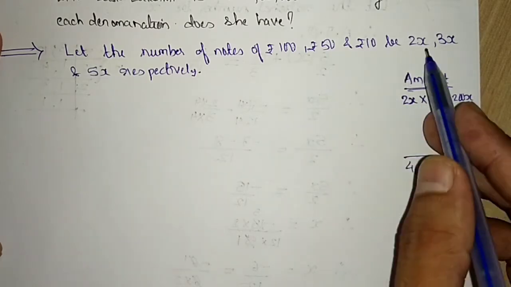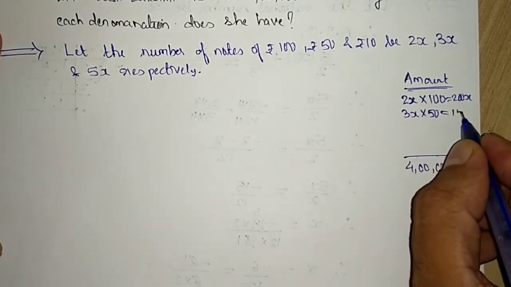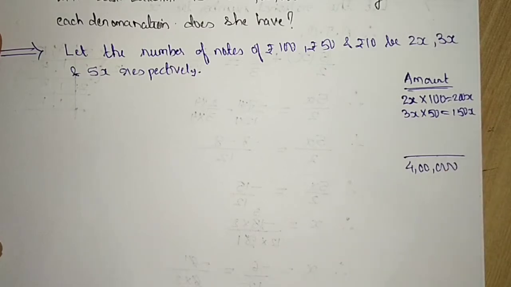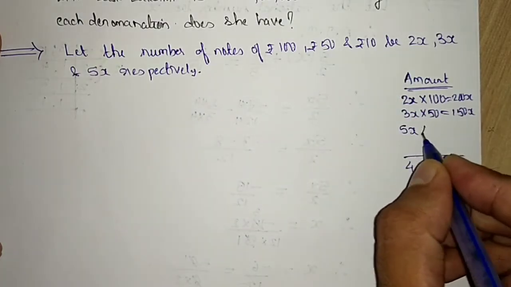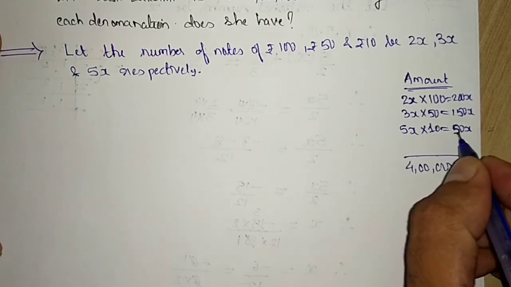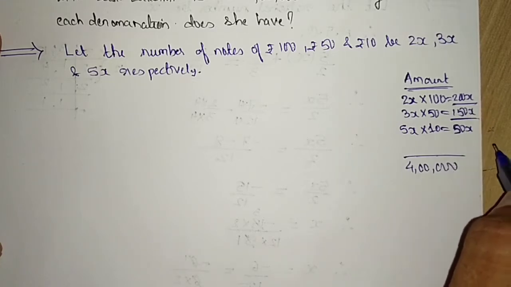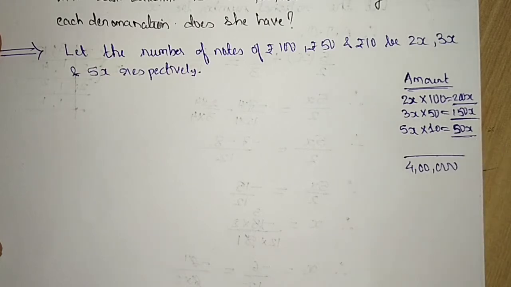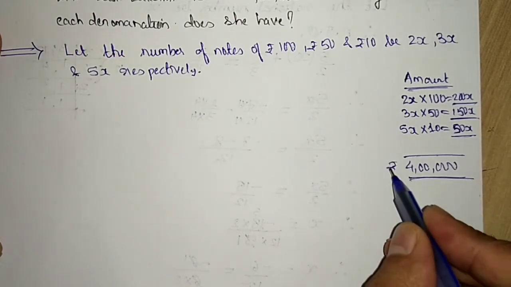Total notes of 50 rupees is 3x, so 3x into 50 will give me 150x, right students? I am talking about the amount. And total notes of rupees 10 is 5x, so 10 into 5x will give me 50x. This is the amount of 100 rupees notes, this is the amount of 50 rupees notes and this is the amount of 10 rupees notes. If we total these, we will get rupees 4 lakhs.